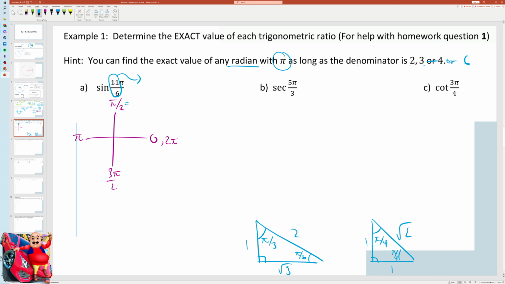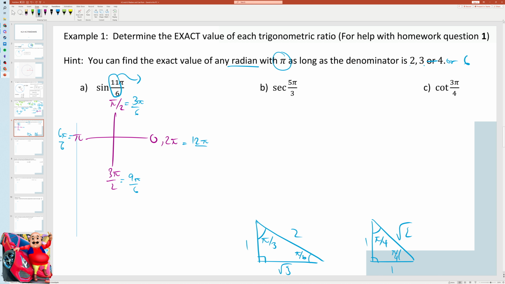We're going to convert this to, okay, this is 3 pi over 6. Pi is the same as 6 pi over 6. This is 9 pi over 6, and 2 pi is the same as saying 12 pi over 6. So clearly we see this 11 pi over 6 is going to be between 9 pi over 6 and 12 pi over 6.